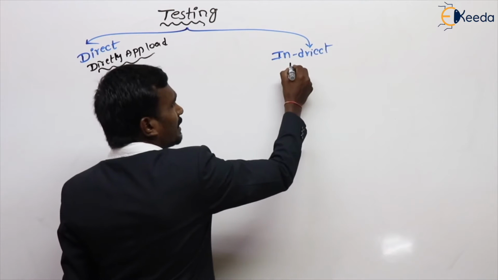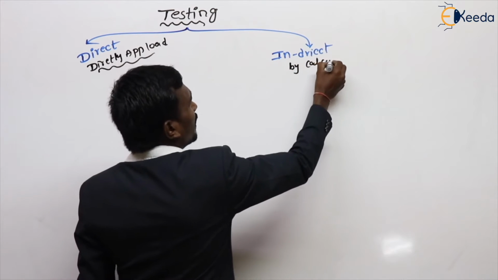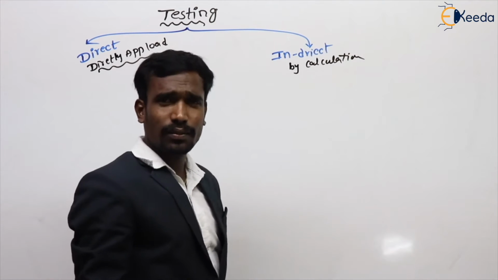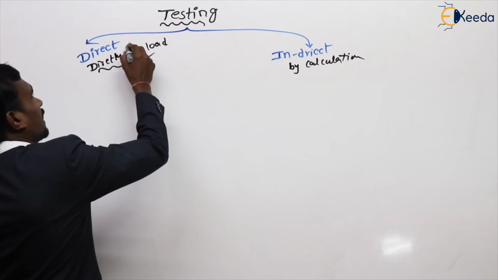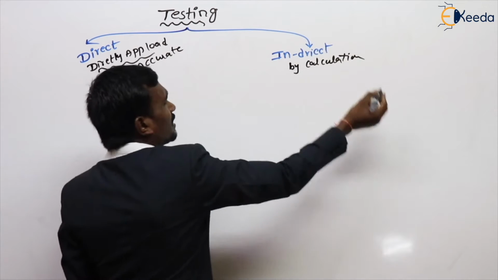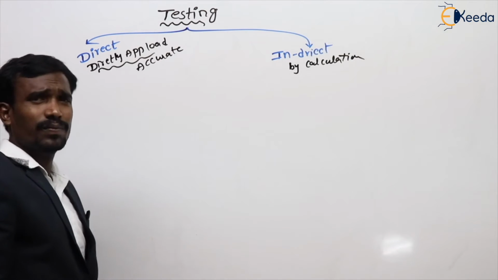But in the indirect test, we get the analysis of the motor by calculations. That's why direct tests are generally more accurate than indirect tests.